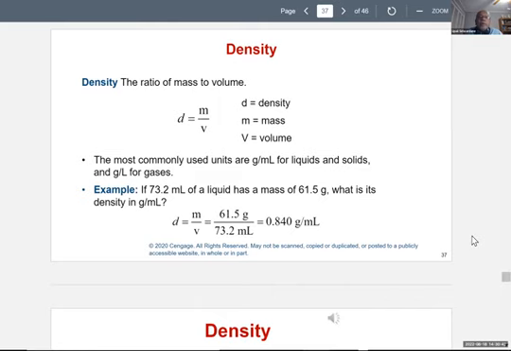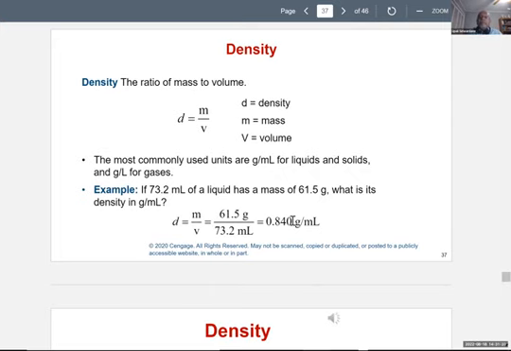So you measure mass of an object and get the number, measurement in grams, and volume is in milliliters, as in this example. 73.2 milliliters of a liquid has a mass of 61.15. 61.15 divided by 73.2 gets the density. Now, when you do the calculation, there are 3 significant digits in both. So therefore, this should be rounded to 8.840.